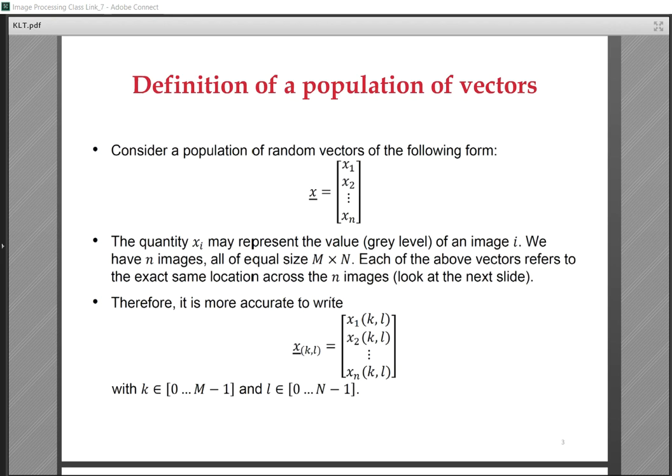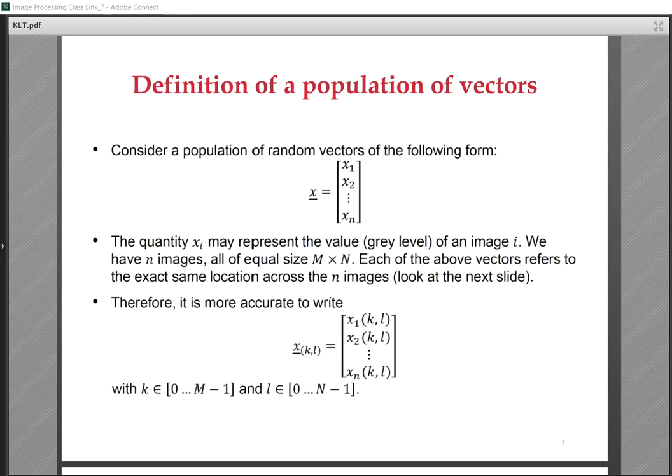This is the total vector x. We have n images, with an x vector for some particular image, all of equal size m by n. All of them have the same size.